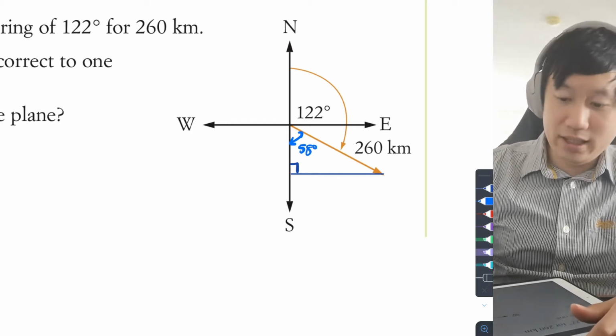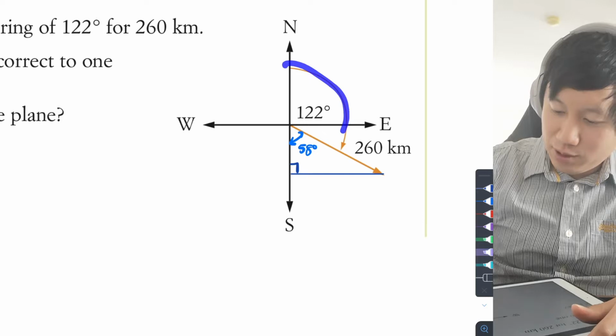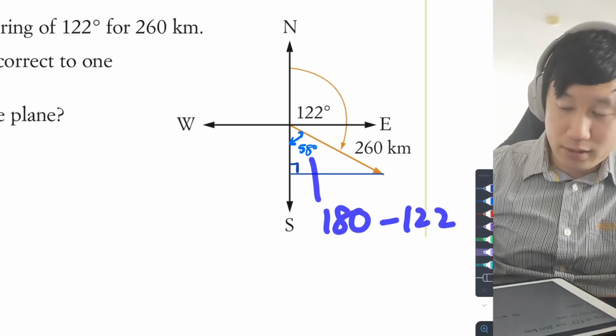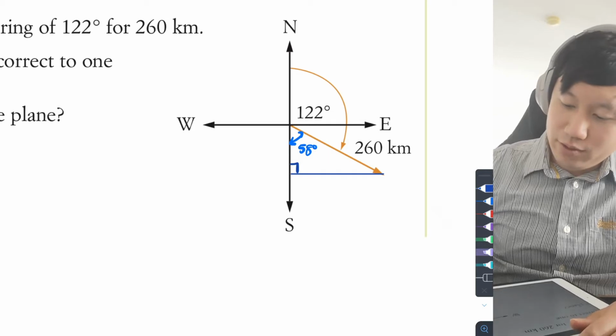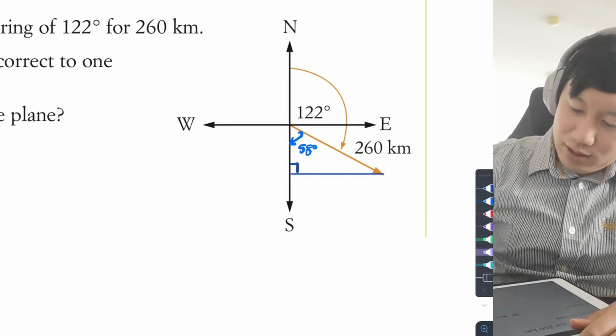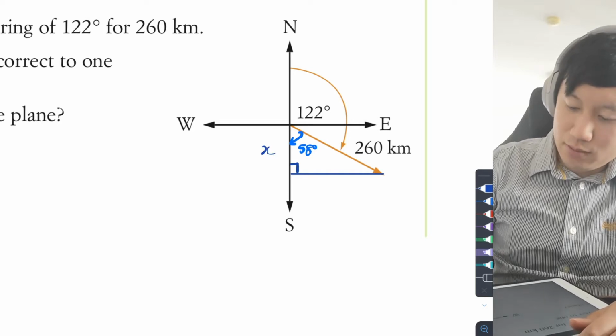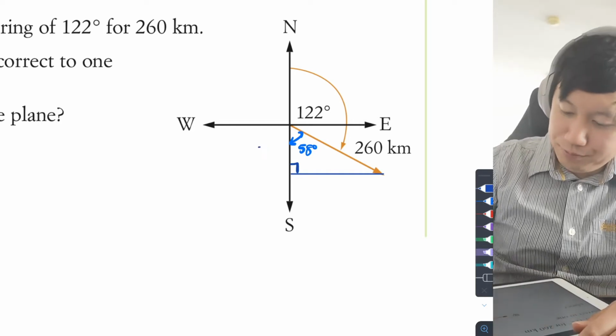Bearing in mind that these two angles have to add up to 180, so that is just 180 minus 122. Once we've got that, we need to find out what this distance is. So we'll just call this x. That's what we want to find.